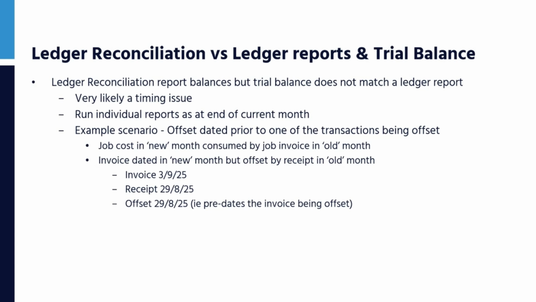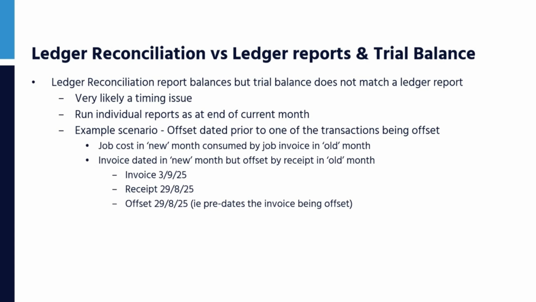You can't be bothered waiting till the end of the next month to do the final invoice for that job, so you're going to sweep up that job cost from the 4th of August into your 31st of July invoice. Then you're going to get a situation where your job summary report's not going to equal your work in progress in your general ledger, but your reconciliation report is going to balance. And so that's a reason.